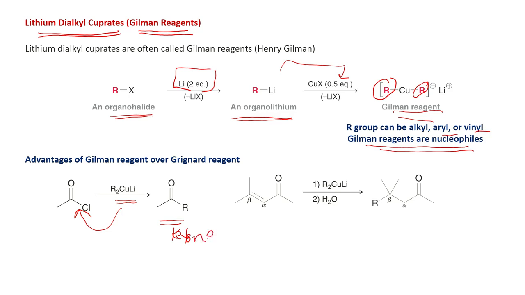But when you treat it with Grignard reagent, first it will make ketone, and then one more Grignard reagent will react and give you tertiary alcohol. And when Gilman reagent reacts with an alpha beta unsaturated carbonyl compound, your R group will attack on this beta carbon, and you will get this Michael addition product. But it is not possible with Grignard reagent.